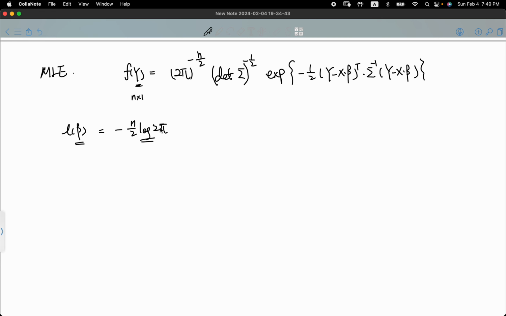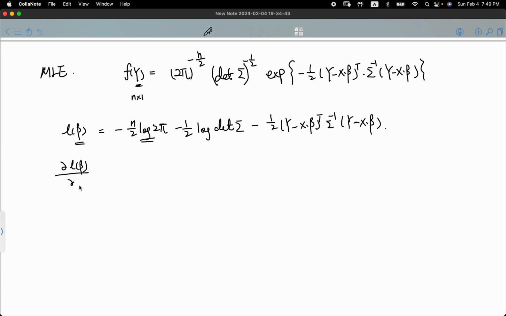We have minus n/2 log 2 pi, minus 1/2 log determinant of sigma, minus 1/2 y minus X beta transpose sigma inverse y minus X beta. So this is just the log likelihood, a function of beta.